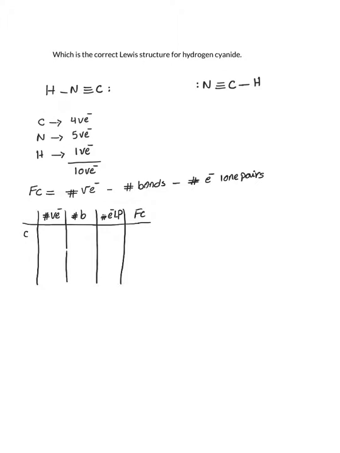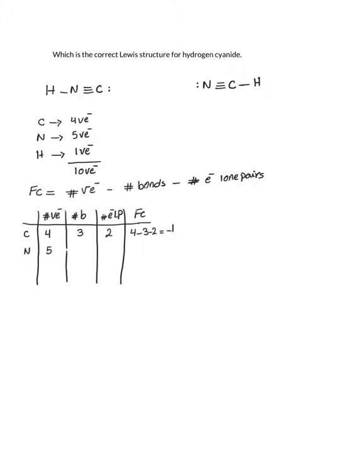So, carbon has 4 valence electrons. In this molecule, carbon has 3 bonds and it has 1 lone pair, so overall 2 electrons for a single lone pair. Therefore, the formal charge would be -1. Nitrogen is in group 5.